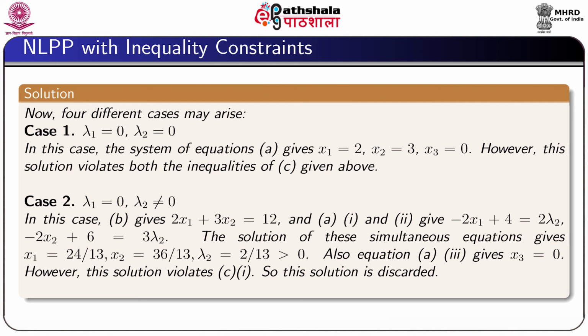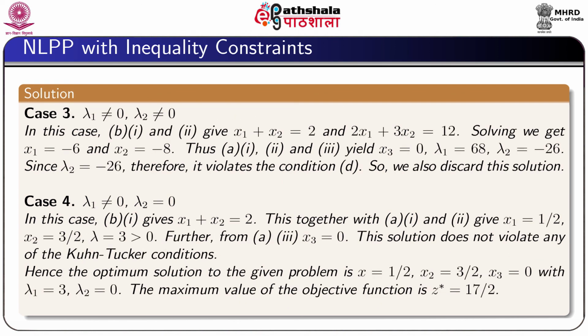The solution of these simultaneous equations gives x1 equal to 24 by 13, x2 equal to 36 by 13 and lambda2 equal to 2 by 13, which is greater than 0. Also, condition 3 of A gives x3 equal to 0. However, this solution violates the condition given in C1, so the solution is discarded.